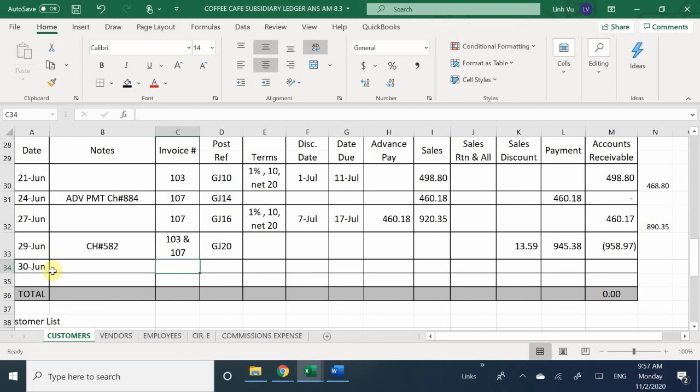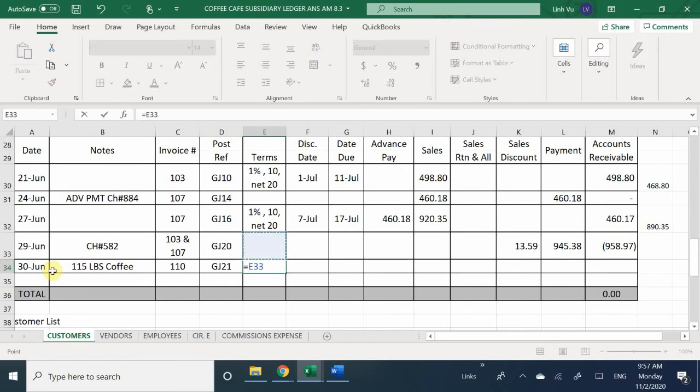How many pounds of coffee did we get? 115 pounds of coffee. Invoice number 110, General Journal 21, and the terms, I believe, is 1% 10 net 20.